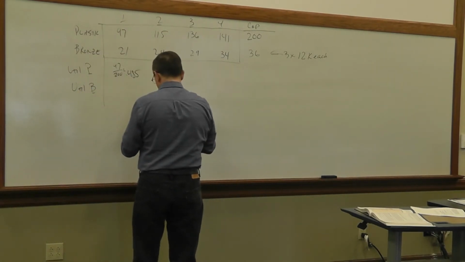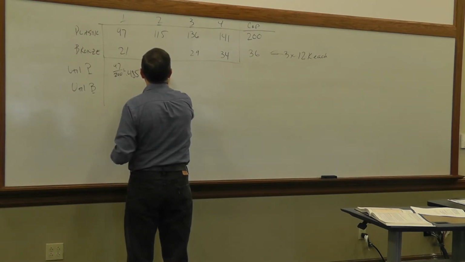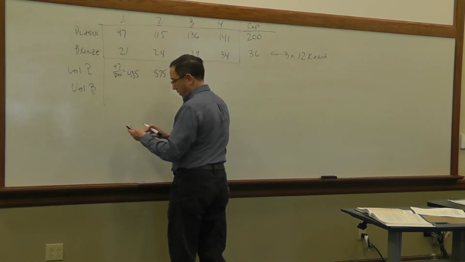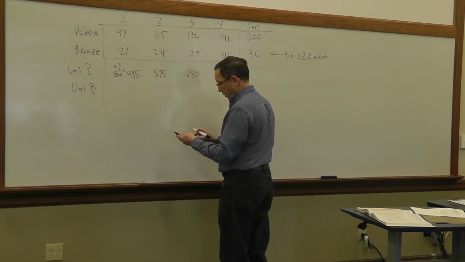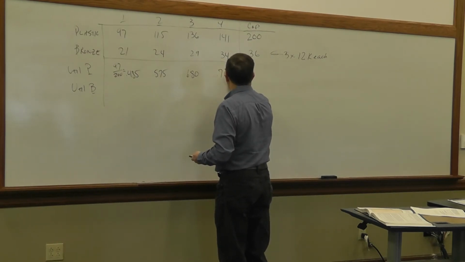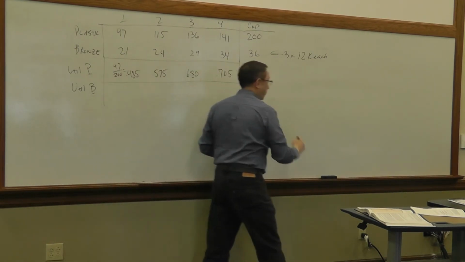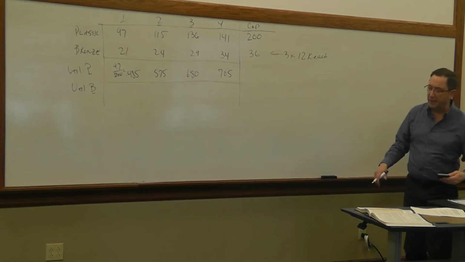We move over to year 2. 115 divided by 200, 0.575, and so on. 136, 168, 141, 0.705. For the plastic line, no real capacity issues or concerns there. Plenty of capacity for doing plastic.